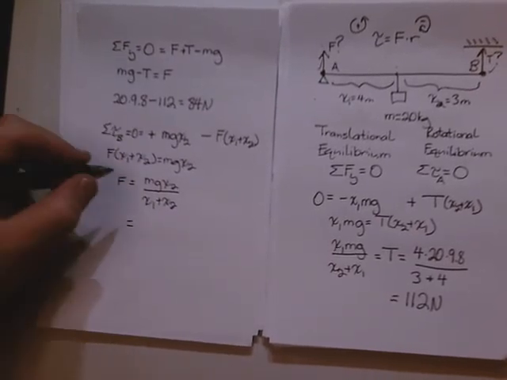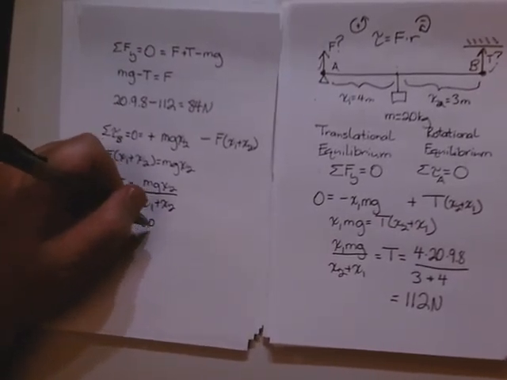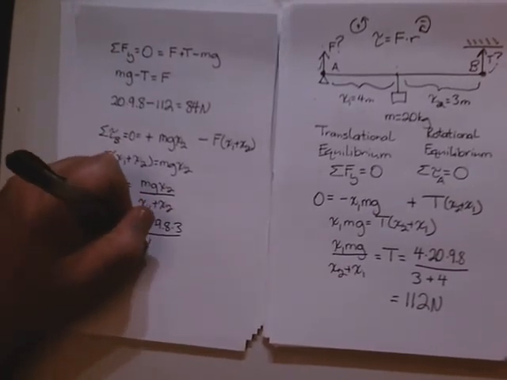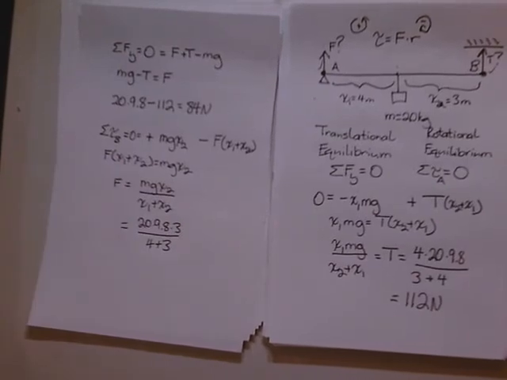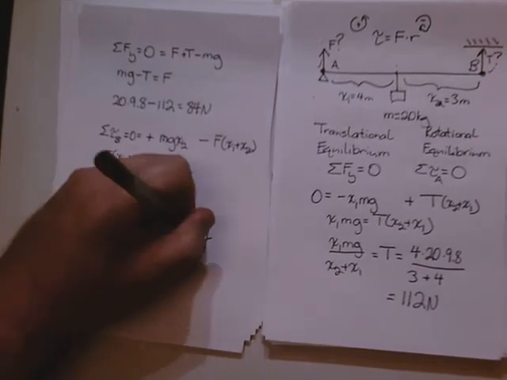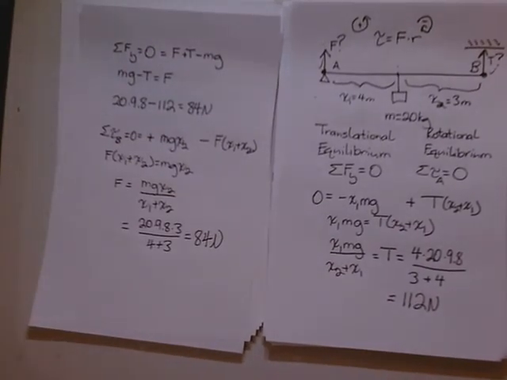So m is 20, 9.8, 3 over 4 plus 3, and you should get 84. Oh, okay, I was looking at the wrong one. All right, thank you. 84 newtons. So it's confirmed.